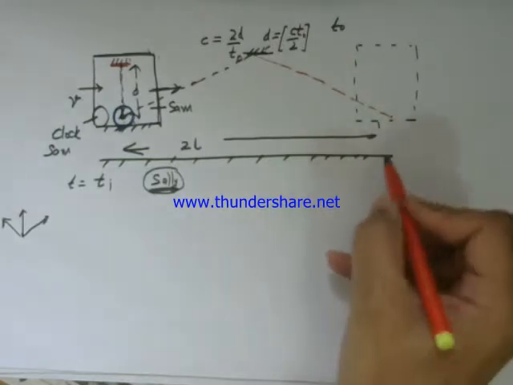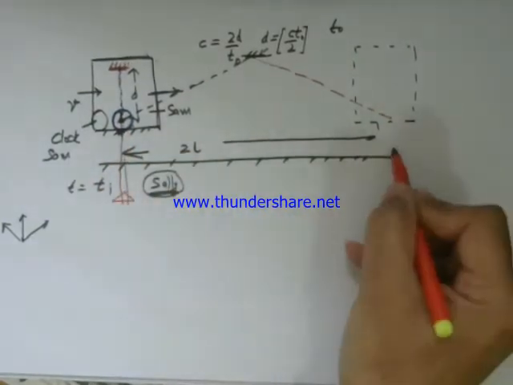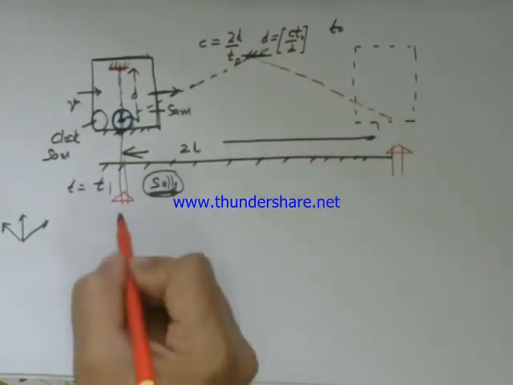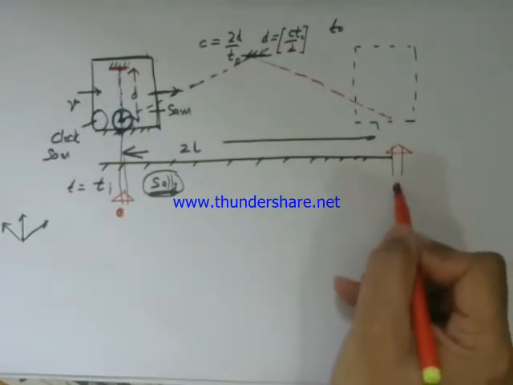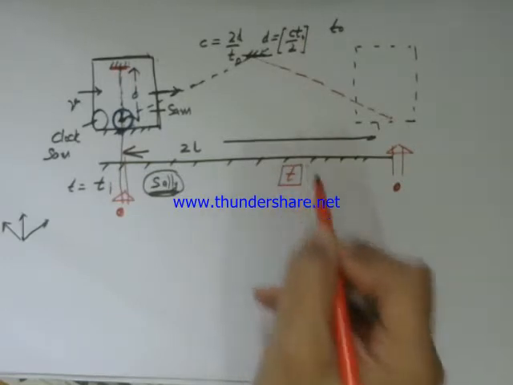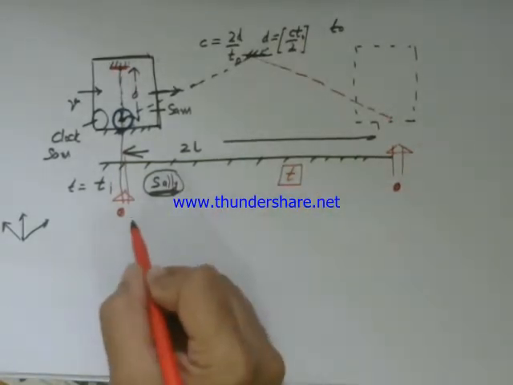So the location of the event is at two places. Where the pulse is generated, it is at this point, and where the pulse is received is at this point. So she measures the time t for this event at two different locations.